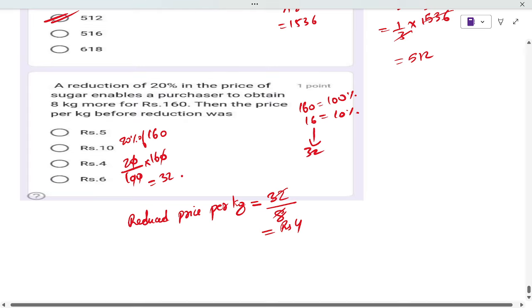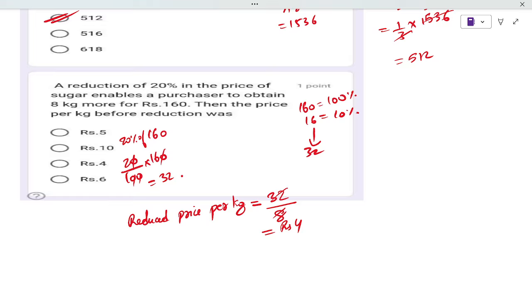Now let's calculate the original price per kg. The reduced price is 4 rupees. That represents 80% of the original price, because from 100% original price, minus 20% is 80%. So the reduced price, rupees 4, is 80% of the original price.